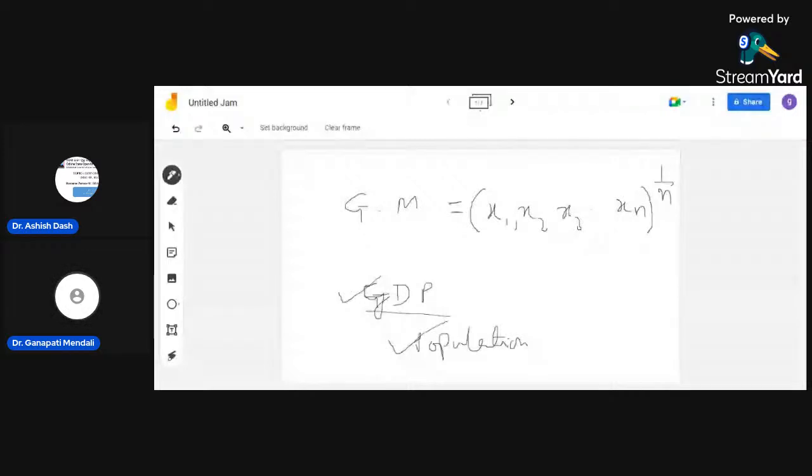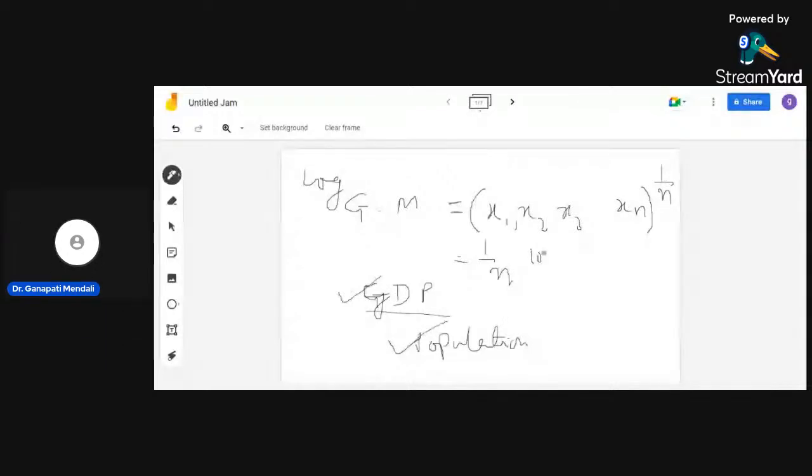If we take the log on both sides, the log of the geometric mean is 1 by n times the log of x1 to xn.